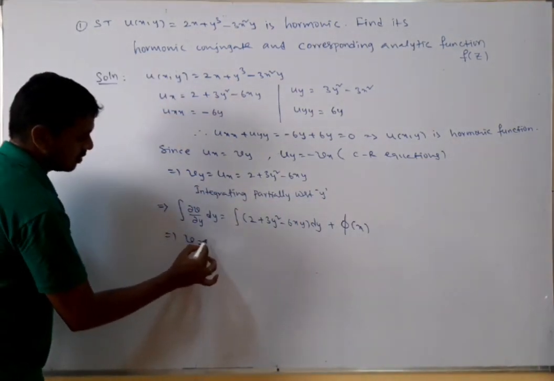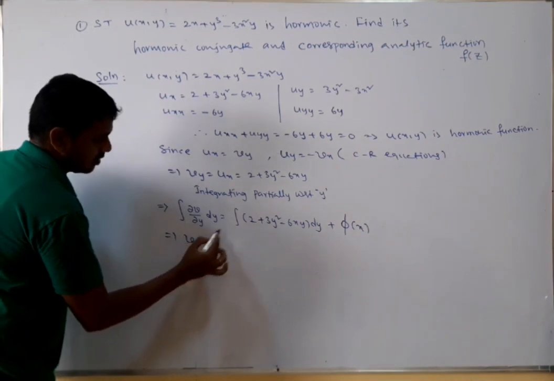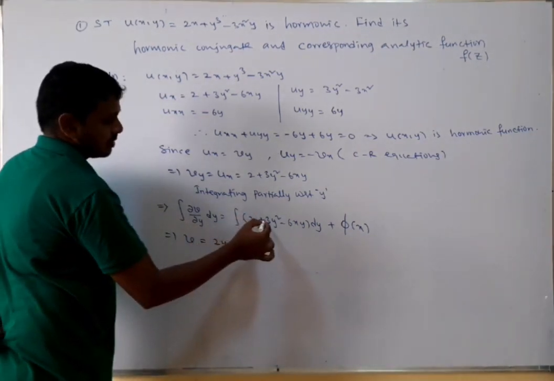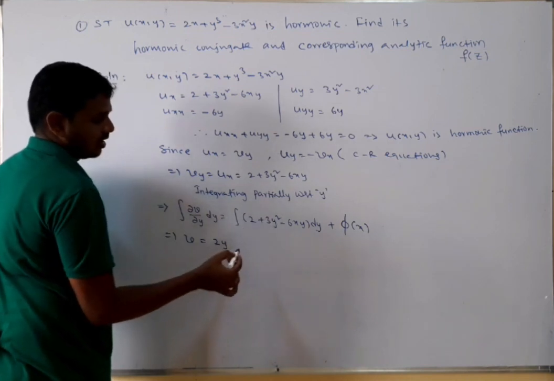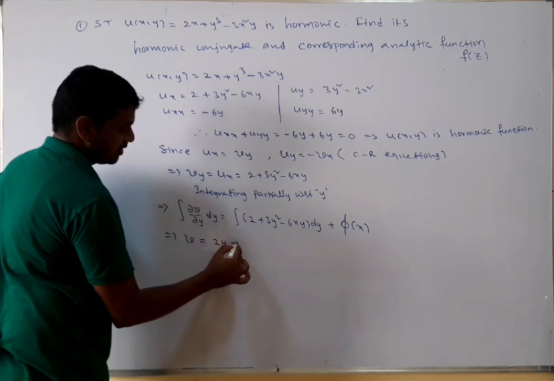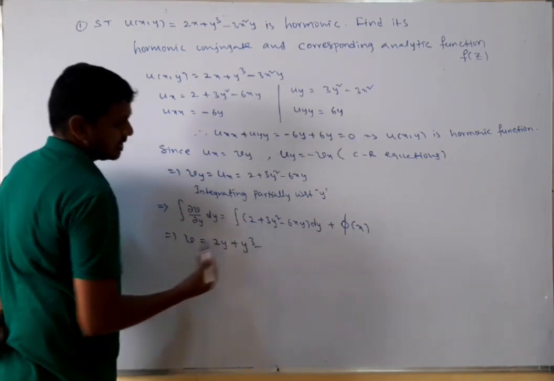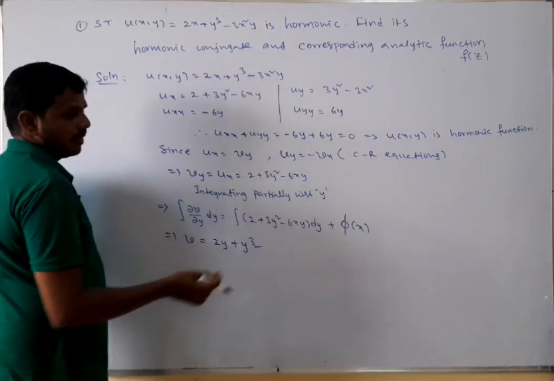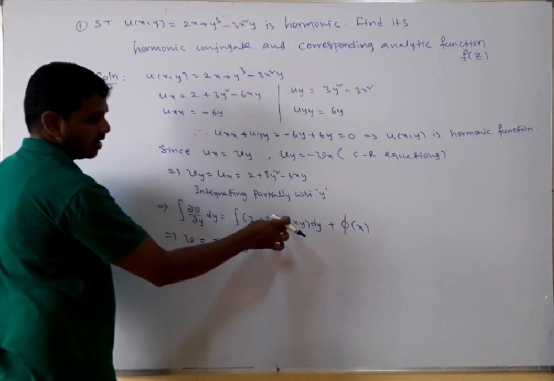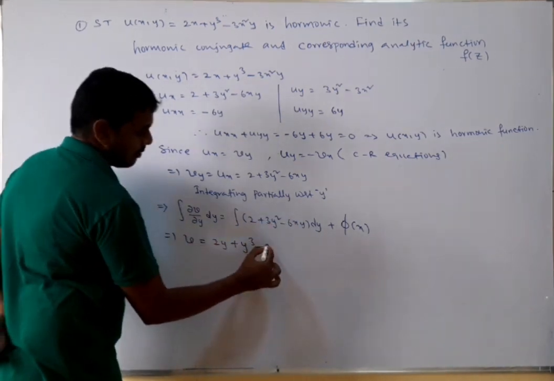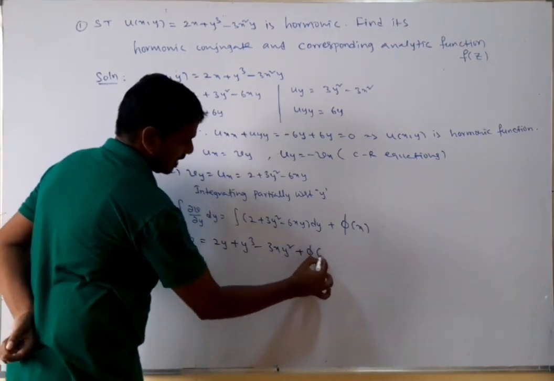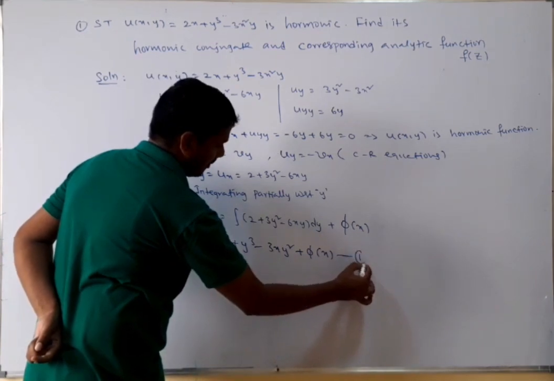V is equal to 2 into dy, 2y, plus 3y square, where y square dy is y cube by 3, the 3 gets cancelled, which is y cube, minus 6xy dy, where y dy is y square by 2, keeping 6x as constant, 6 by 2 is 3, so minus 3xy square plus pi of x. Say this is equation number 1.